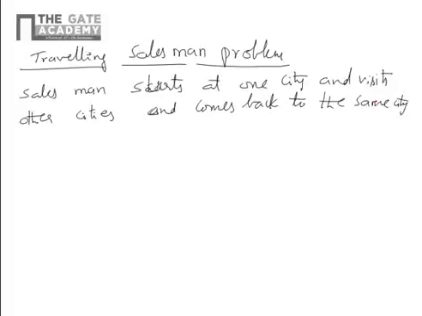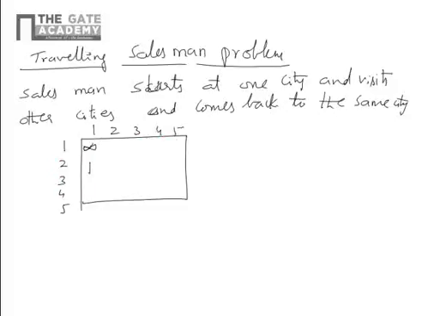A traveling salesman starts with city 1. From 1 to 1 he doesn't have to visit because he is already there. That's why we assign an infinite or bigger value. Cities 1 2 3 4 5 along rows and columns. Row one: infinite, 1, 1, 2, 5.